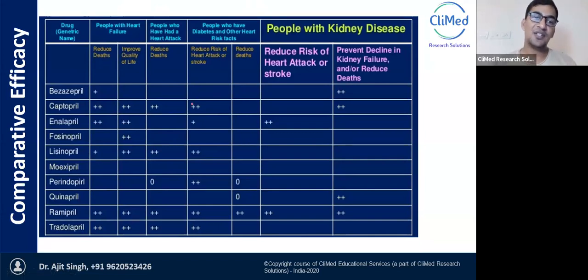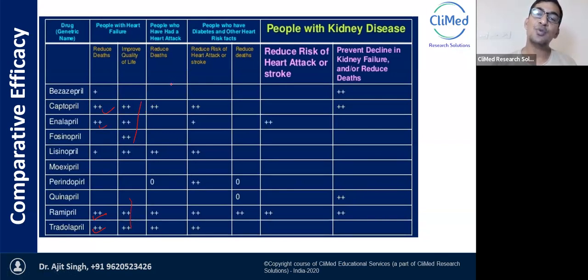In heart failure, reducing death, top is, we can say, ramipril, trandolapril, enalapril, and captopril, which are known to reduce the mortality in heart failure. Improving the quality of life, all these are improving the quality of life except benazepril.